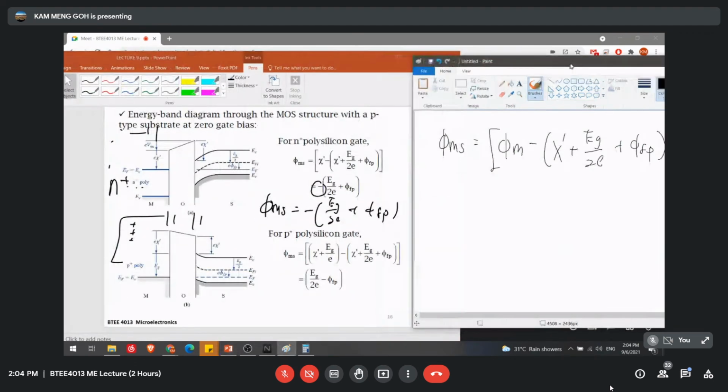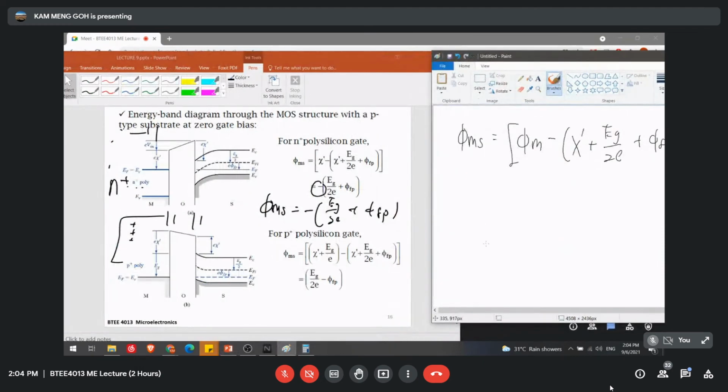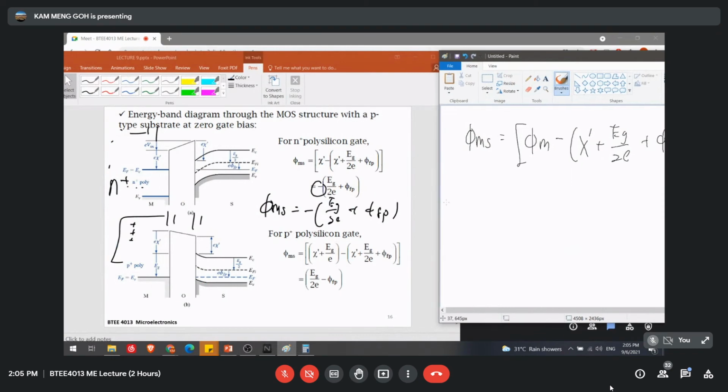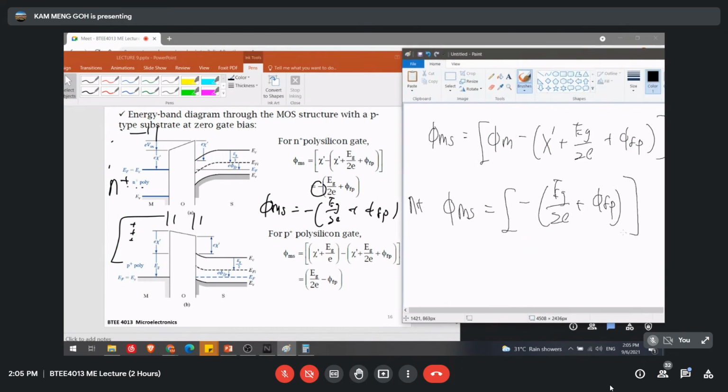But if this one is the M plus polysilicon, Ms will be equal to negative Eg over 2E plus delta Fp. If this is a P plus polysilicon gate, Ms will be equal to Eg over 2E minus delta Fp.